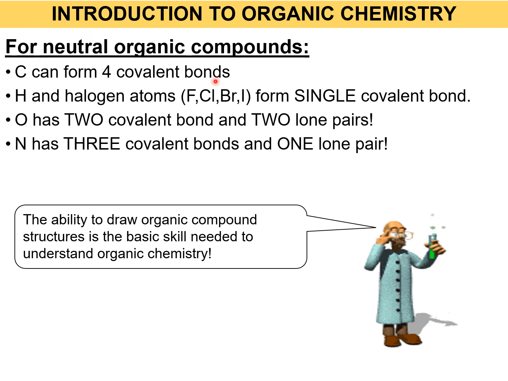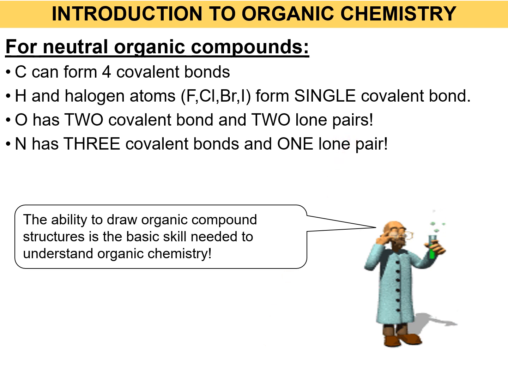Okay, for a neutral organic compound, you need to know that carbon can form 4 covalent bonds, whether single bond, double bond or triple bond. Hydrogen and halogen atoms such as fluorine, chlorine, bromine and iodine can only form a single covalent bond. Okay? For oxygen, you have to remember it can form 2 covalent bonds and it has 2 lone pairs.